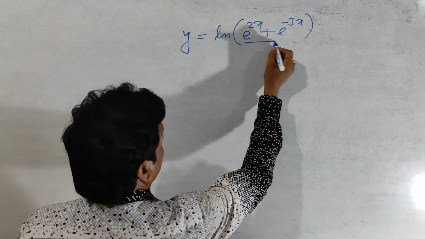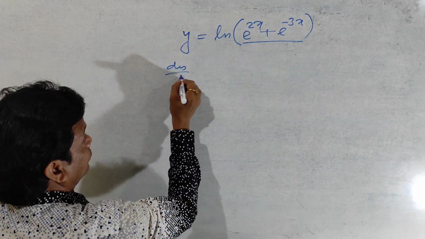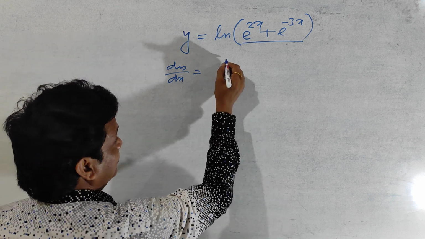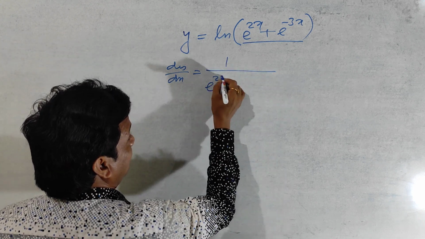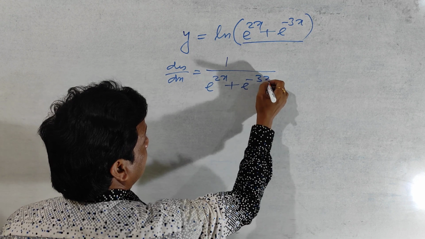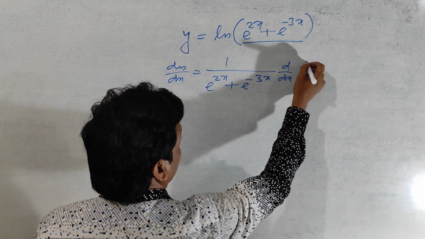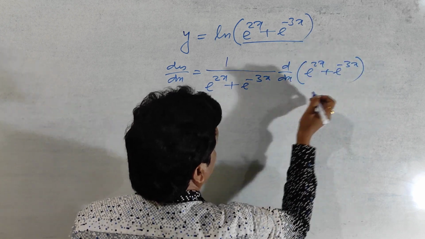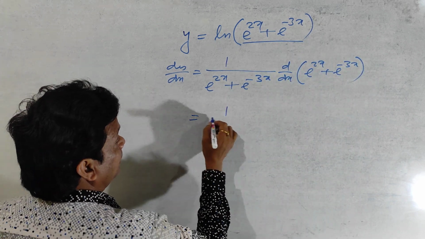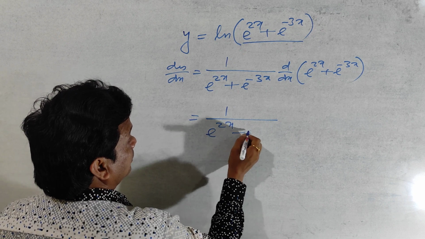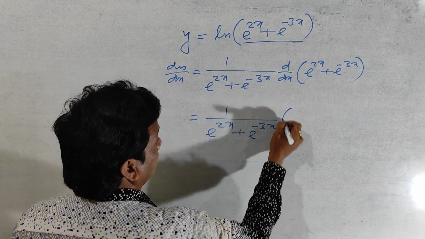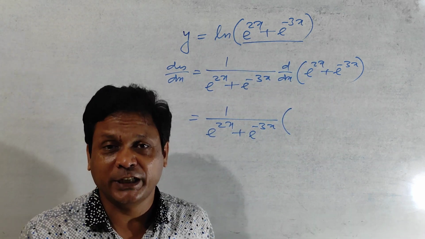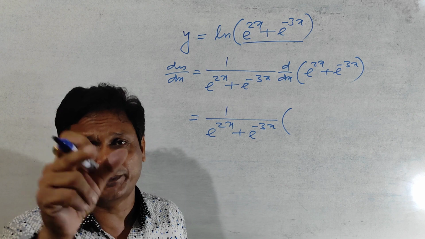It is in the form of ln u. So the formula is 1 by u into du by dx. So it is 1 by u, which is 2x plus theta minus 3x, into the derivative of u, which is 2x plus theta minus 3x. Now tell me, it is in the form of e to the u, and the derivative of e to the u is e to the u into the derivative of the power.